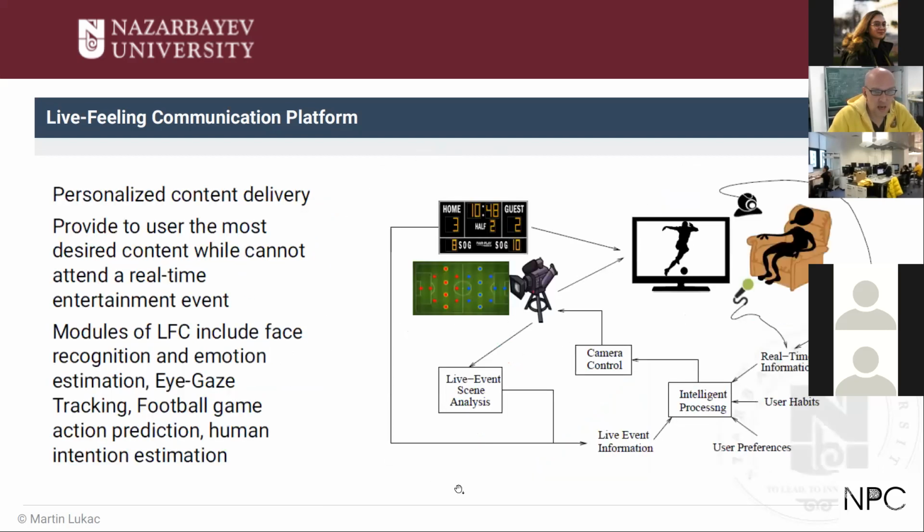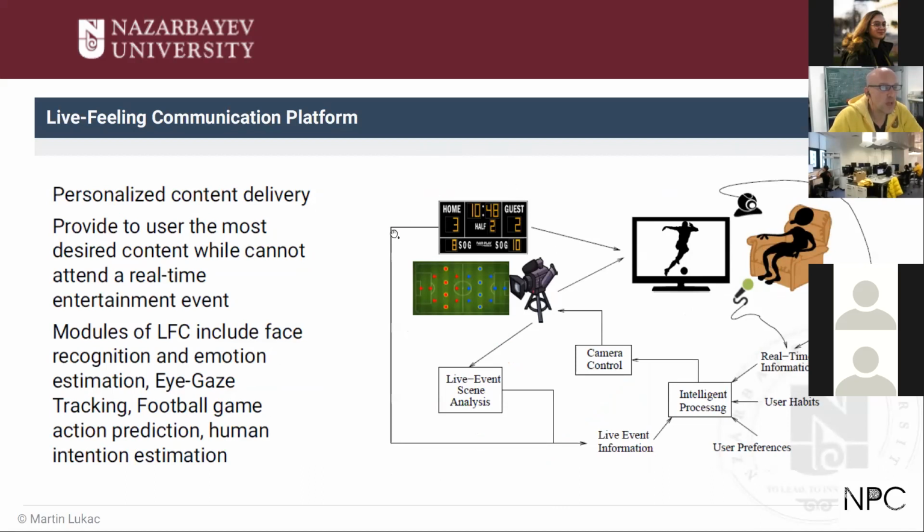This is the same, but a little more focused on the data flow or process flow. You sit in front of the camera. We record real-time video information about you. We also record some of your habits and some of your preferences.